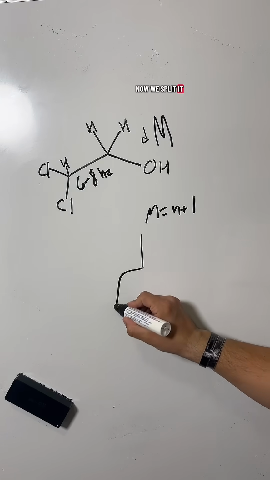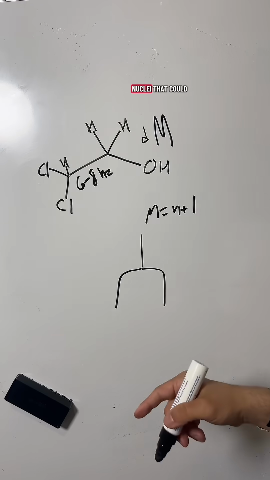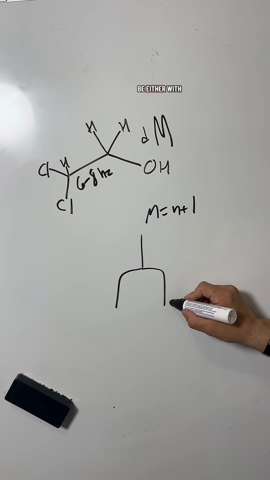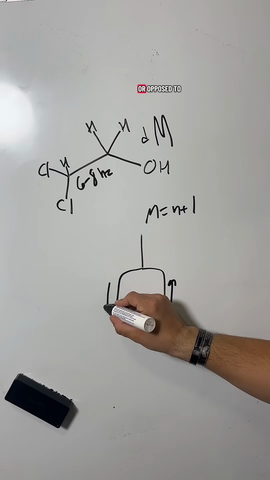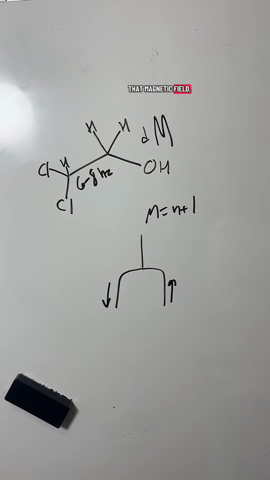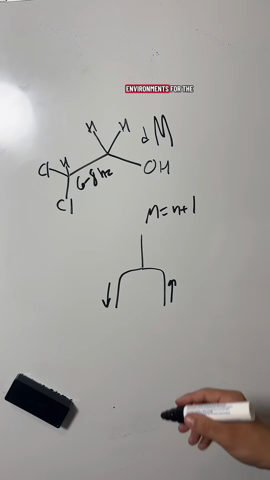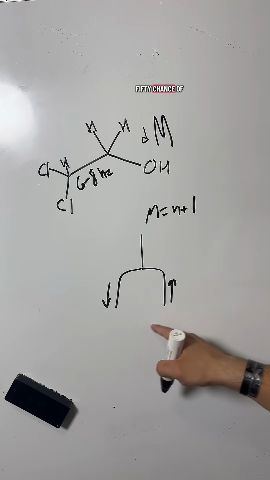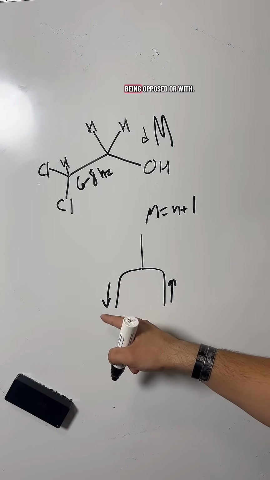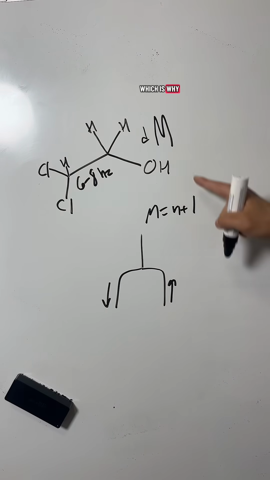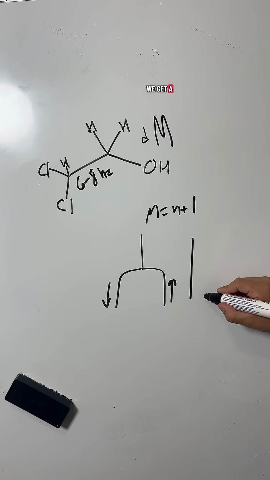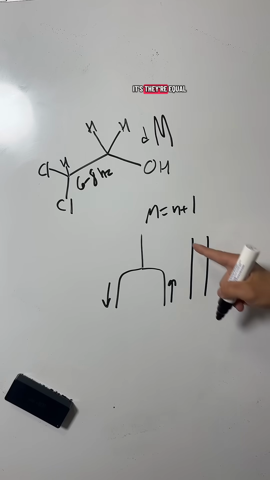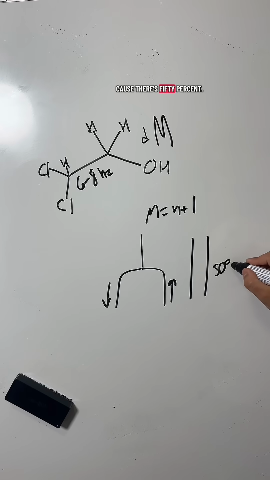Now we split it because there is a nucleus that could be either with or opposed to that magnetic field, creating two separate environments for the same signal. But there is an equal 50-50 chance of the neighboring nucleus being opposed or with, which is why we get a magnitude that looks like this. They're equal because there's 50%.